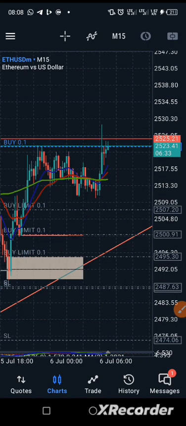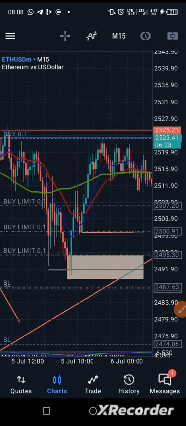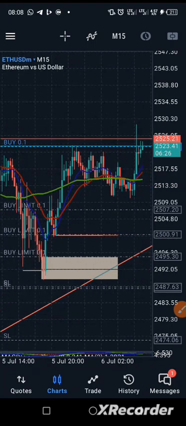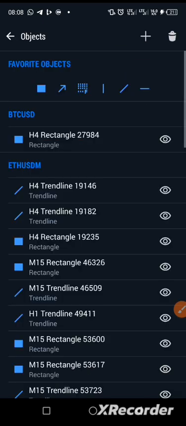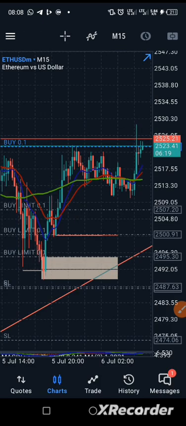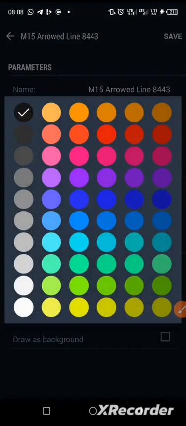So this is a liquidity point. This is a liquidity point for me, and this is a liquidity point. I need to change that to red.